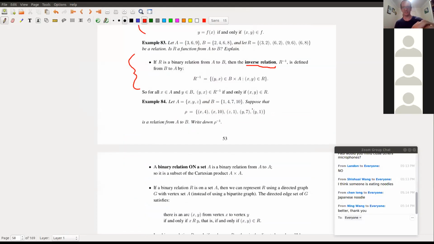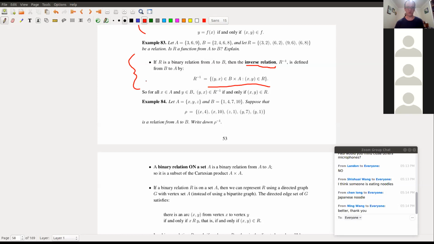The inverse relation goes into the product space B cross A, and all you do is flip the order of the tuple. If you're drawing a picture, you flip the direction the arrow goes. So inverse relations are really good. Inverse functions are even better, and we'll talk about that later as well.